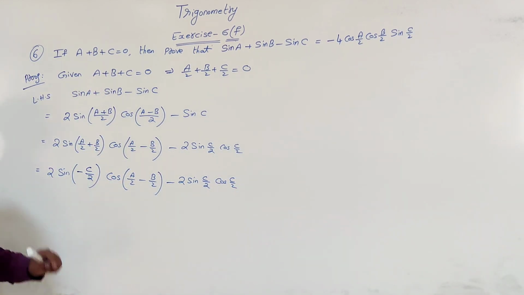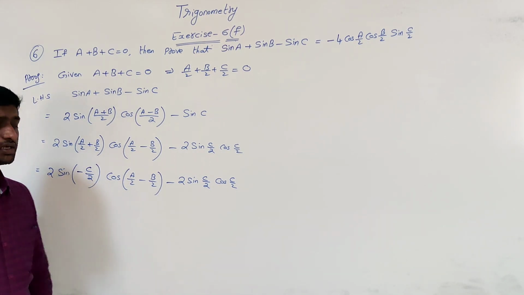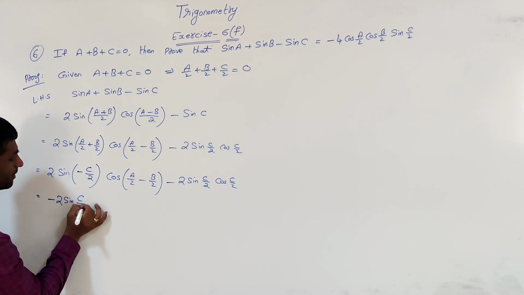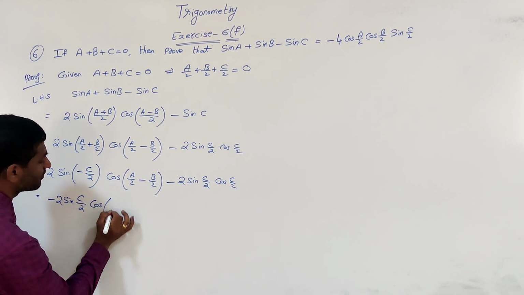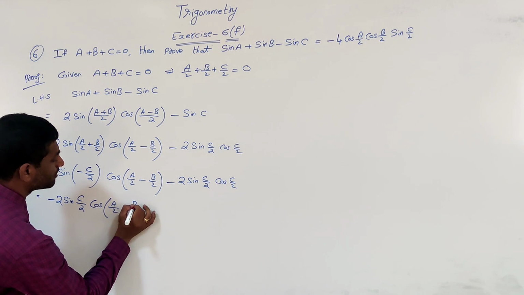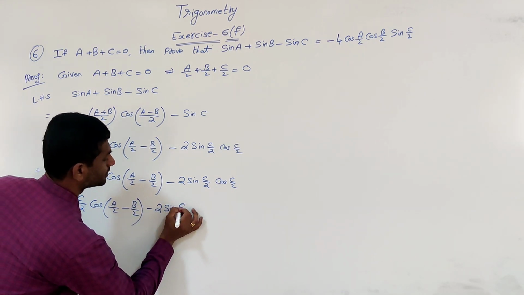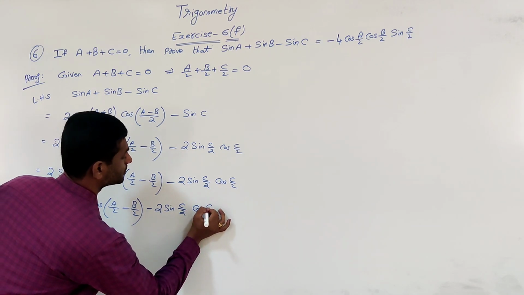But what is sin of minus θ? It is minus sin θ. So it will be minus 2 sin(C/2) cos((A−B)/2) minus 2 sin(C/2) cos(C/2).